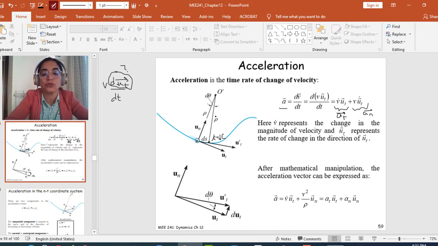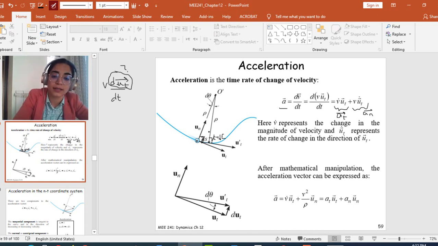So I'm going to assume that it has the same radius of curvature. Now I know, guys, that ut, which is the tangential unit vector to the curve at this point here, is perpendicular to un at this point, and that ut prime at time t prime is always perpendicular also to un prime.